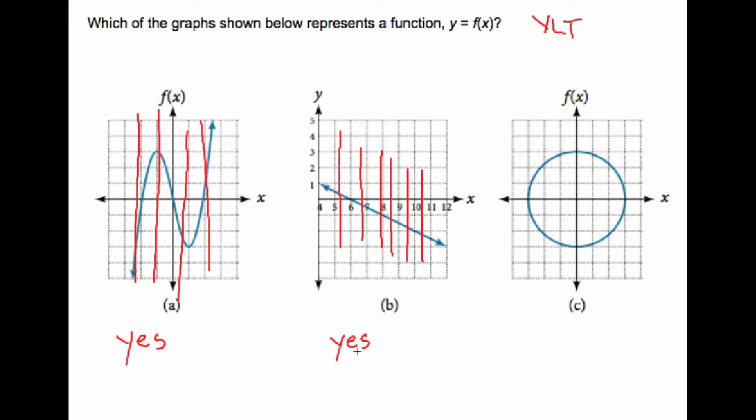Now for our third graph, if I sketch vertical lines, notice that I do have vertical lines that intersect the graph more than once. So for any input, I'm looking at 2 outputs that would correspond. This would violate the definition of a function, so the graph of this particular circle is not going to represent the graph of a function.